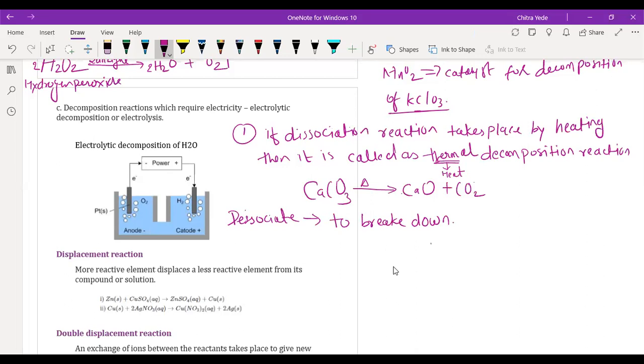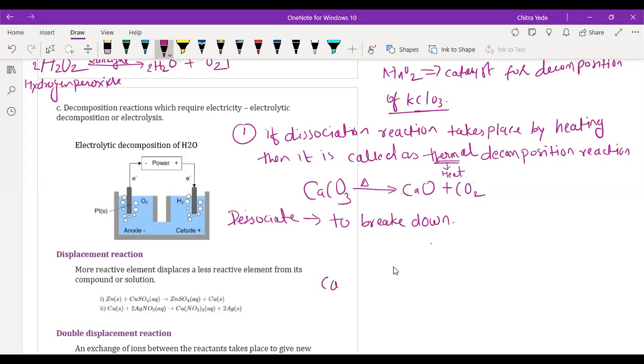CaCO3 means quicklime, no, sir? CaCO3 is calcium carbonate. Quicklime, I'm going to explain what that is.